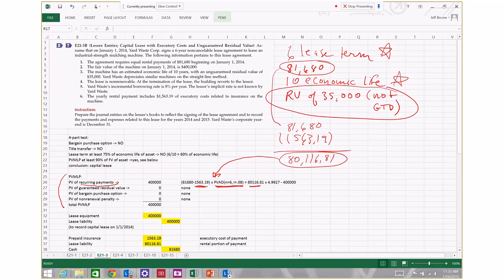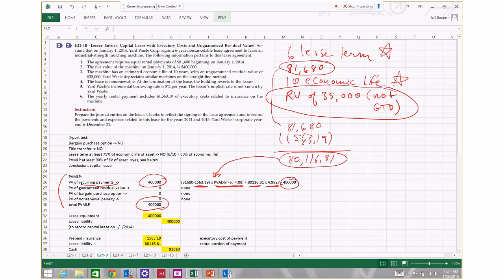That annuity due factor is 4.9927. So if you multiply the net payment amount by the 4.9927 annuity due factor, this should be an equal sign, not a subtraction sign, you get $400,000. That's the present value of the minimum lease payments.